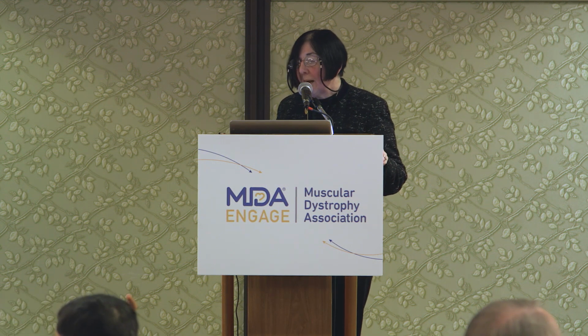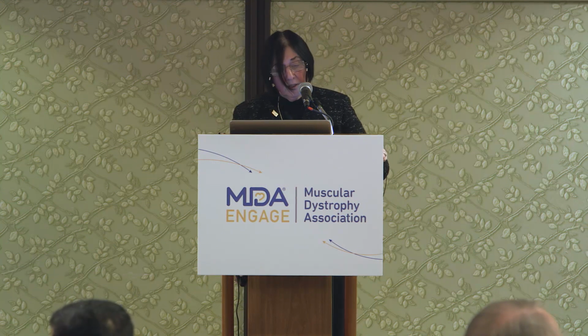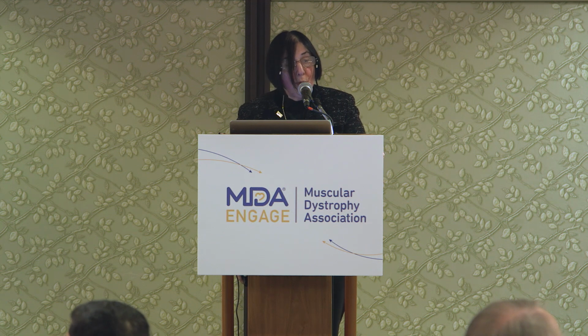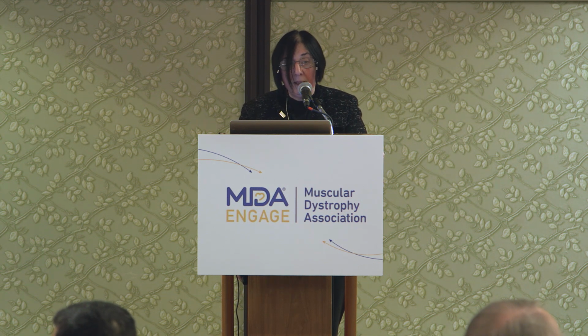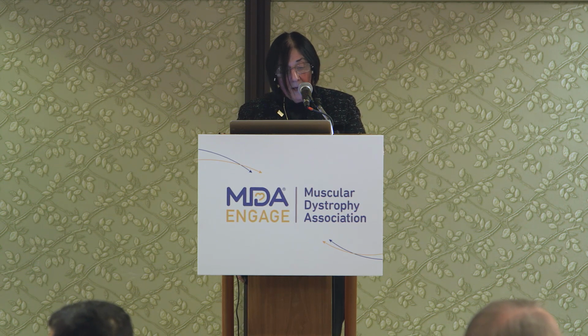So myotonic dystrophy is, again, a disease of weakness, typically hands and feet. It can have systemic involvement, meaning heart, eyes, and other areas of the body, and stiffness, which we call myotonia, which is inability to relax.